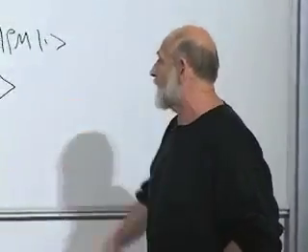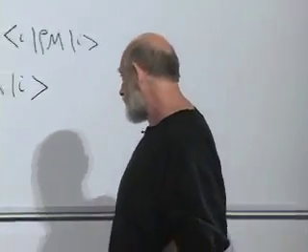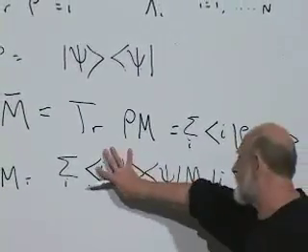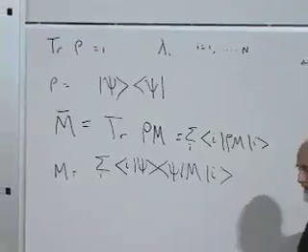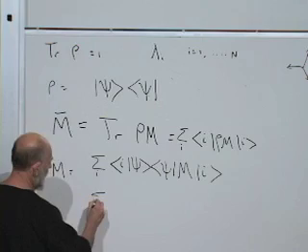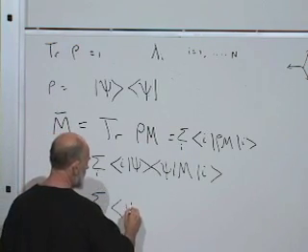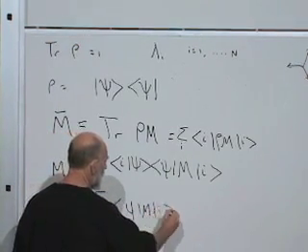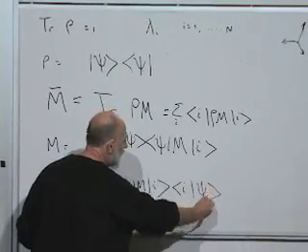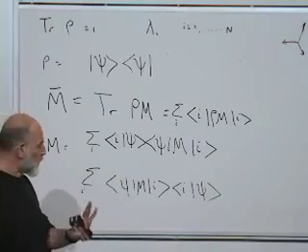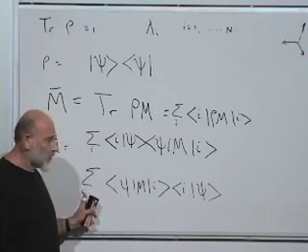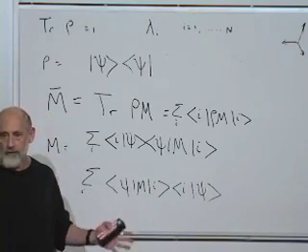All right, let's check this out. Let's see if this makes sense. We can rewrite this by just shifting this factor over to this side. Let me do it. Let's rewrite it: psi, m, i, psi. Now you have to remember the rule. Whenever you see |i> and <i| back to back like this, summed over, that's the unit matrix.